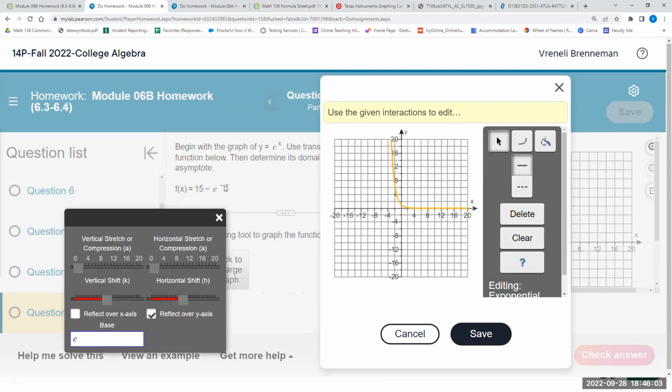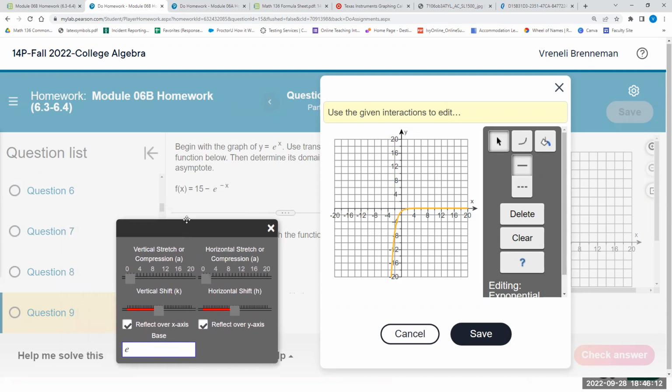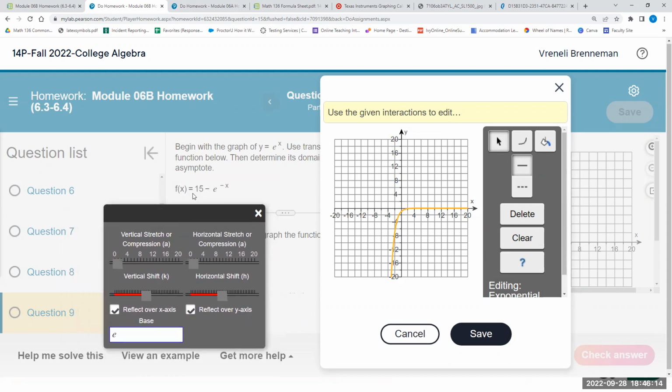Then we have e to the negative x, but then it's negative e to the negative x, so it's been reflected also over the x-axis, and you see that flip on the graph when I click that. And then we have the 15. You can think of this as negative e to the negative x plus 15. That's a 15 added on outside, so it's not like with the x. So this is a vertical shift up by 15.